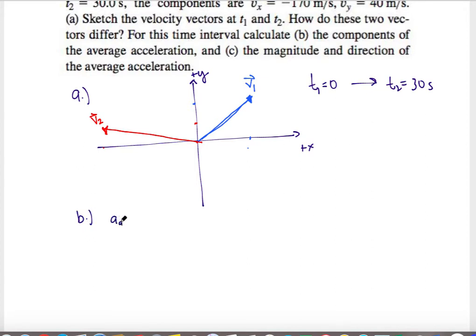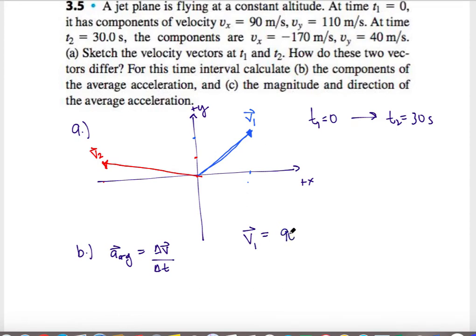Well, average acceleration is defined as the change in velocity over the time interval. So first off, what is my change in velocity? Well, let's go ahead and write our two velocities as vectors. So v1 as a vector is given to be 90 i hat plus 110 j hat.